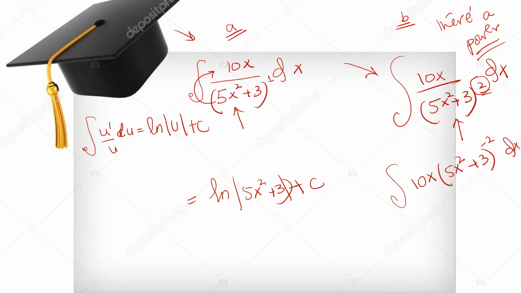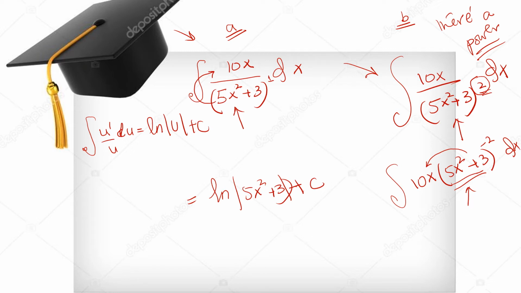Now you all know that you can apply the substitution method if and only if the derivative of the inner function of the composite function is written beside. Here the composite function is 5x squared plus 3 whole power negative 2. The derivative of the inner function, 5x squared plus 3, is 10x, which is written beside.